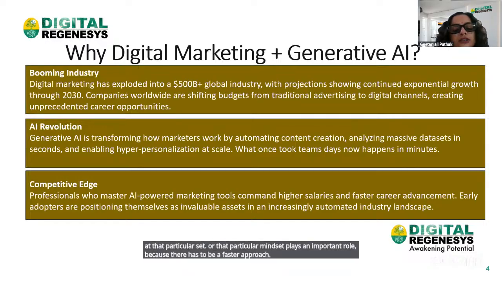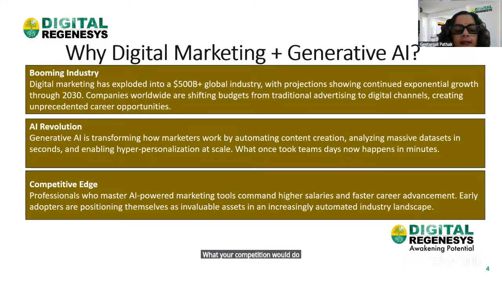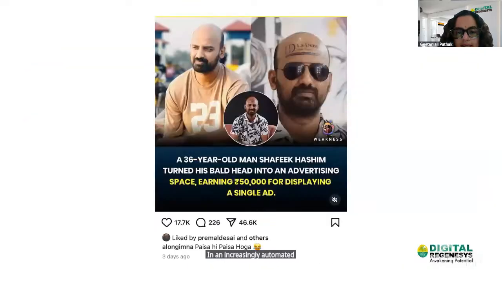What your competition would do over a period of time, you should be thinking quickly. And that's where the AI intervention is helpful for all the early adopters, who are positioning themselves as an invaluable asset in an increasingly automated industrial landscape.